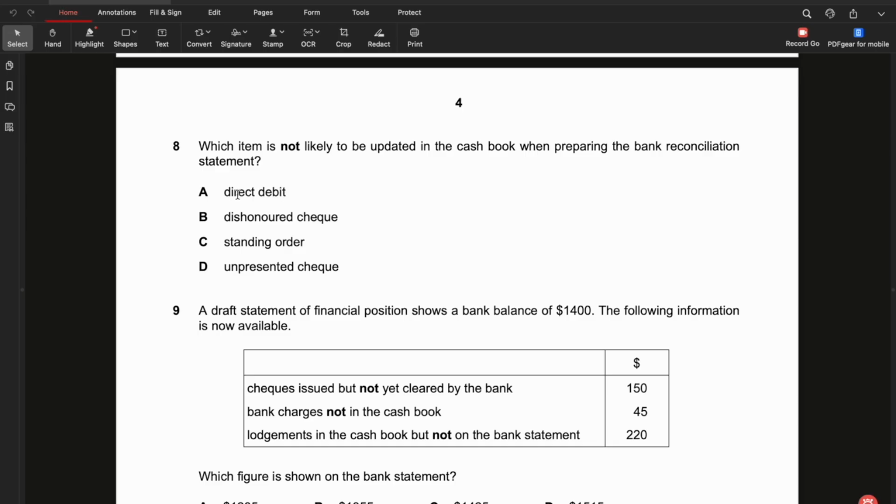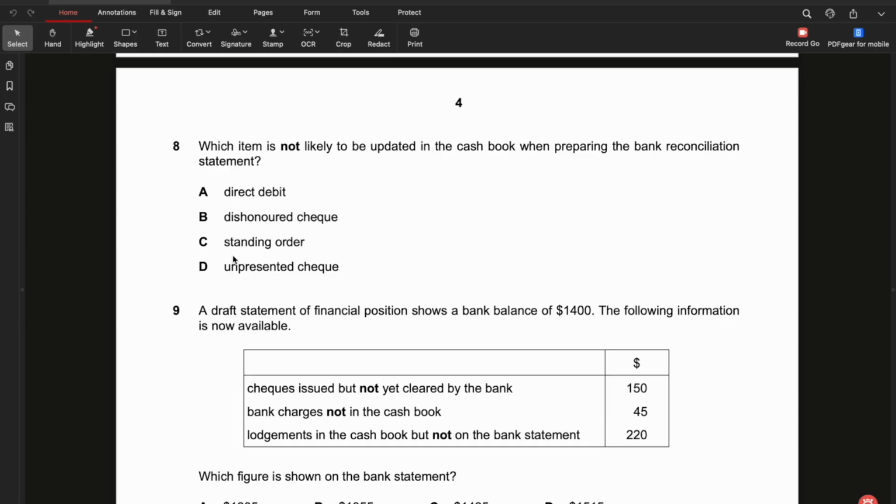So now I found out about it, I need to update it in my cash book. Second one, dishonored check. I deposited a check in the bank, and the bank, after verifying, is saying that the check is dishonored. So now we need to update that, saying that we have not received this money, and then ask this trade receivable to pay us again.